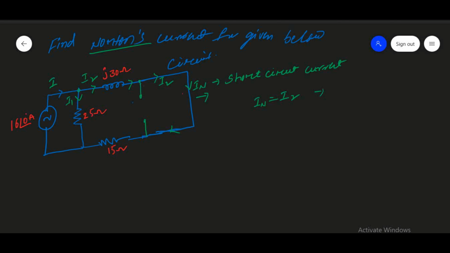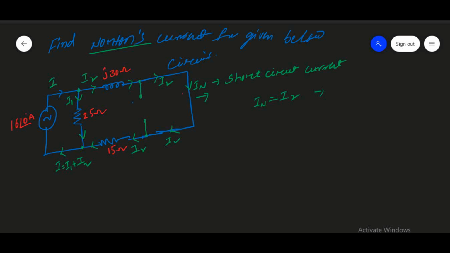Through this j30 ohm, I2 is flowing, and through this 15 ohms also I2 is flowing. So these two are in series, and this combination is in parallel with this 25 ohms. At this point I1 and I2 get added, so I is equal to I1 plus I2.